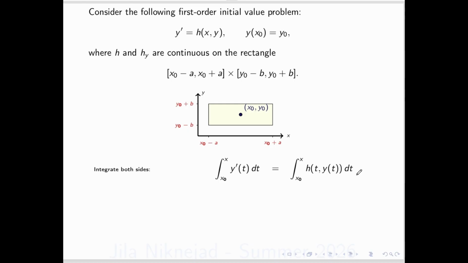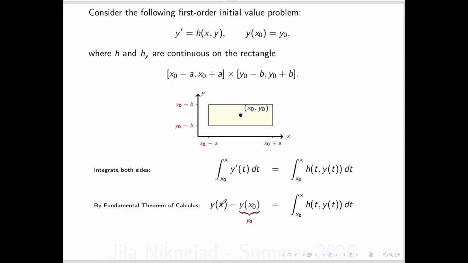Notice that we switch the variable of integration to a dummy variable, from x to t. By the fundamental theorem of calculus, the left-hand side is equal to y of x minus y of x naught, which according to the initial value is y of x minus y naught. The right-hand side we keep as it is.